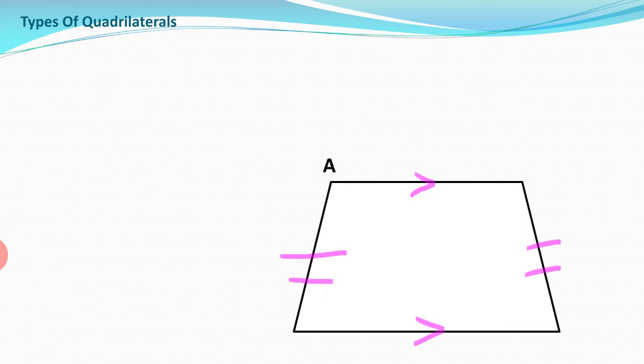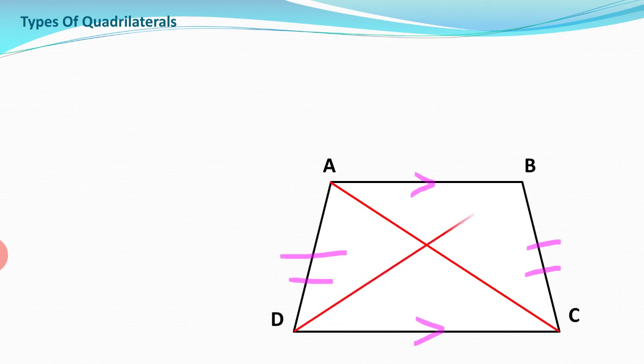And when we talk about isosceles trapezium, the diagonals are equal. Why? All these things we can prove by using congruence of triangles. Is it okay? Those who are interested can look into the figure and check whether we can prove AC is equal to BD by using congruence of triangles.